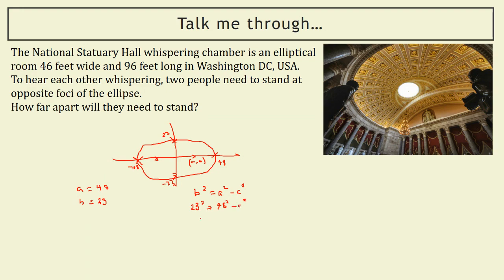So we want C, don't we? So C squared is 48 squared minus 23 squared. C is the square root of that. Thank you for that, Connor. 32.13.